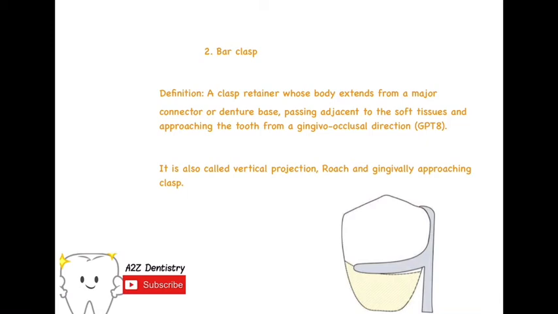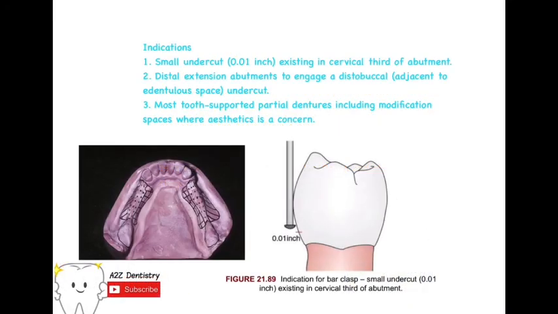Therefore it is also known as a gingivally approaching clasp or vertical projection or a roach clasp, right? See, because its shape looks like a vertical rod, therefore it is vertical. It is approaching from the gingival thirds, therefore it is known as gingivally approaching clasp. So moving on towards indications, it is indicated in cases of smaller undercuts which are about 0.01 inches, which exist in the cervical thirds of our abutment, right?